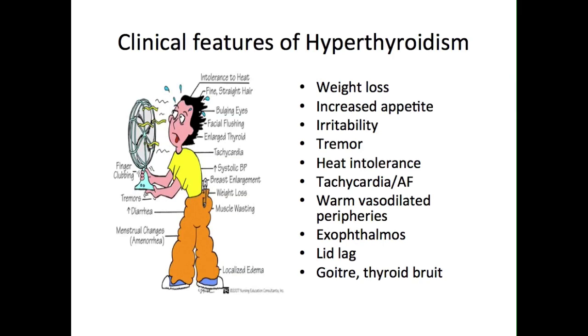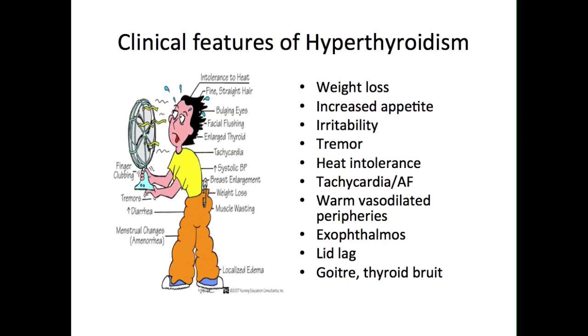Clinical features that can also occur in hyperthyroidism due to other causes include many of the features illustrated in the picture on the left-hand side of the screen, such as muscle wasting, sweating, increased gastrointestinal motility, amenorrhea, and pretibial myxedema. However, like with hypothyroidism, there are several signs that are more likely to indicate a diagnosis of hyperthyroidism.